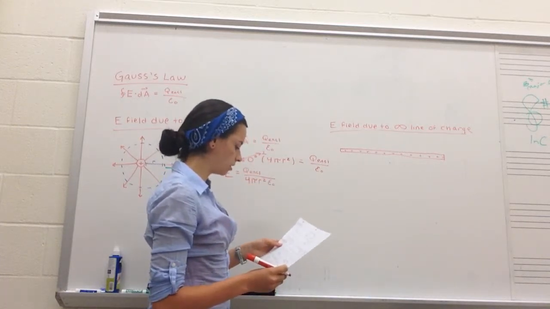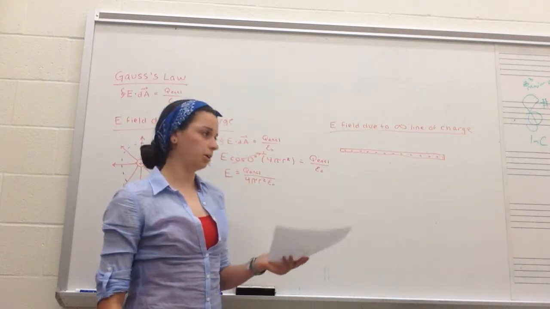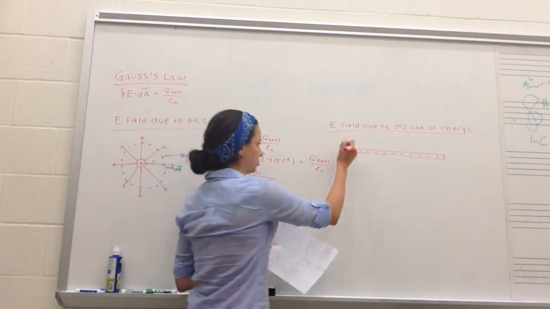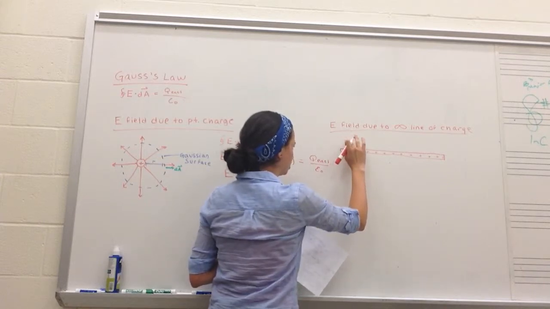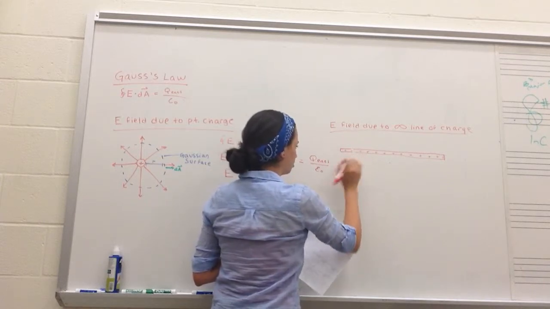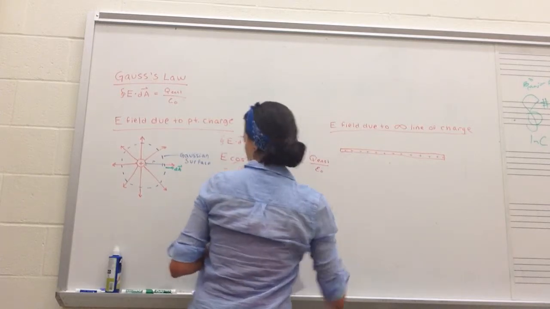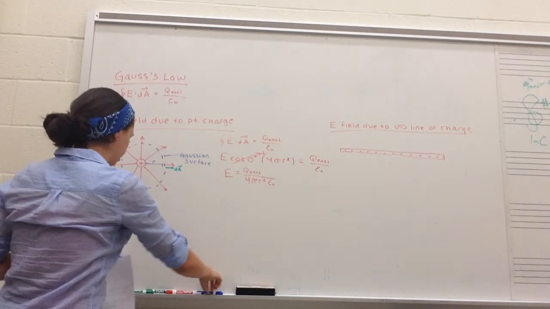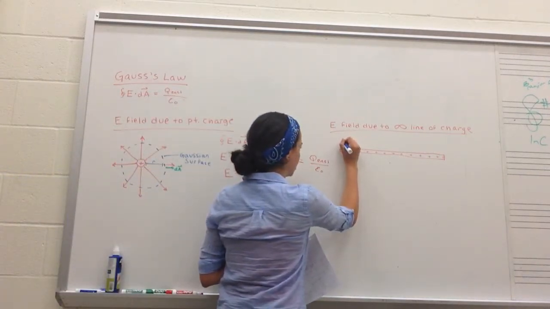Alright, so the best Gaussian surface wouldn't be a sphere. It would probably be a cylinder, because that's the best way to go around this. I'll make it easy for you and use the same colors I used over here. Alright, so our Gaussian surface is now a cylinder.